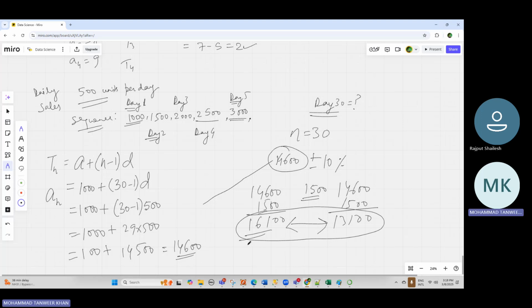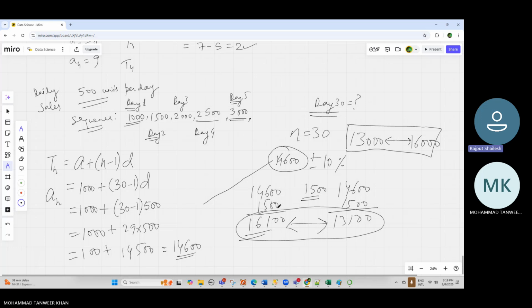So the business will get an idea that even if it is fluctuating, or maybe if it decreases, it will be roughly between 13,000 to 16,000 on the 30th day. Is this clear?